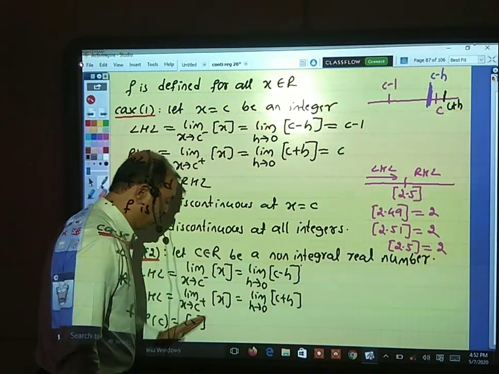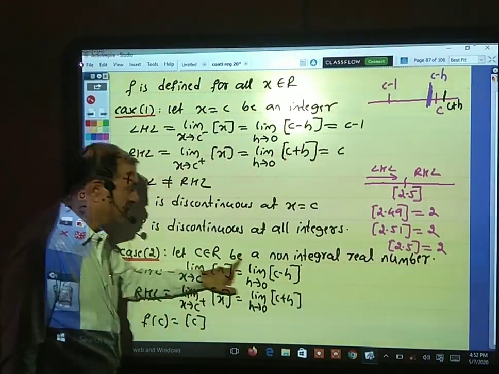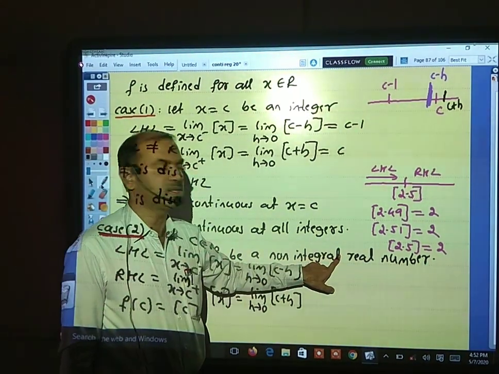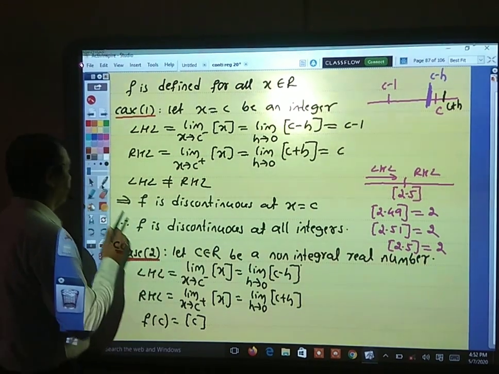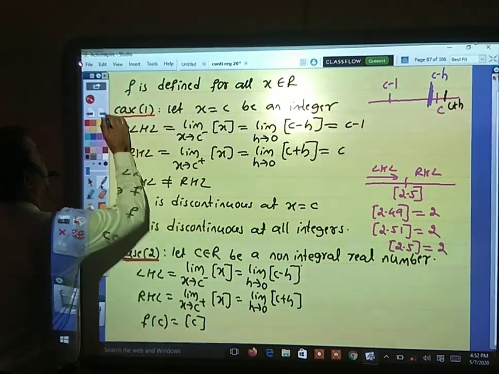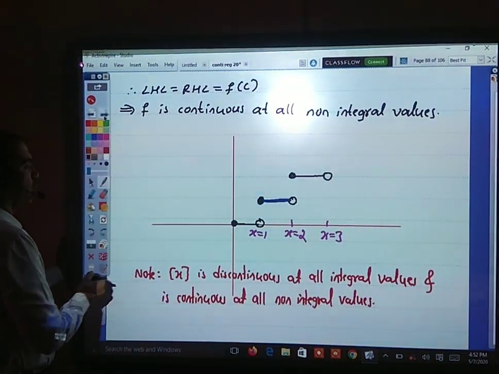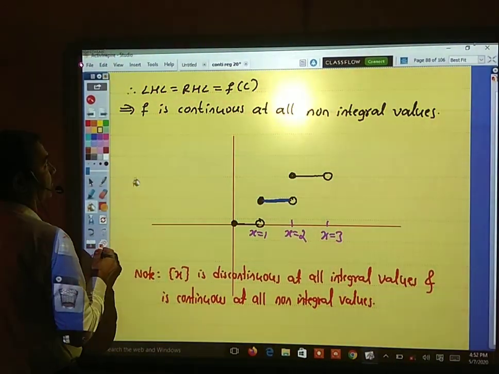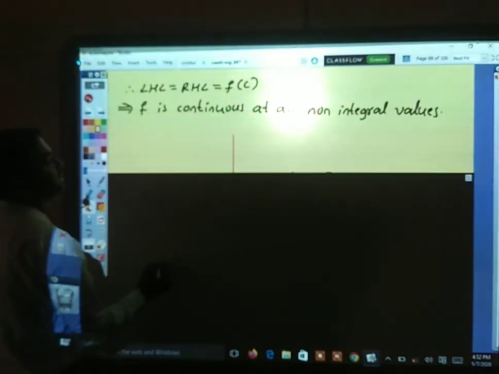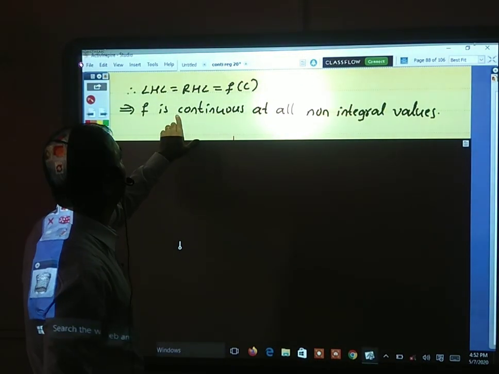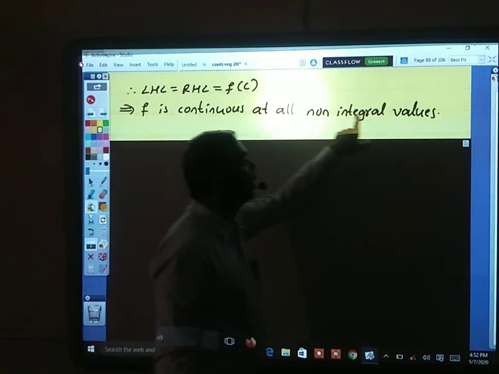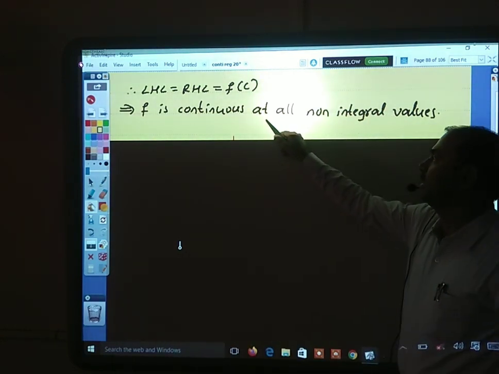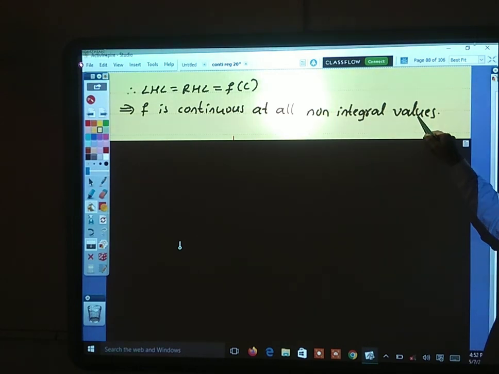All these three are equal when c is a non-integer. So by this, what is our conclusion? In conclusion, the function f is continuous at all non-integer values.